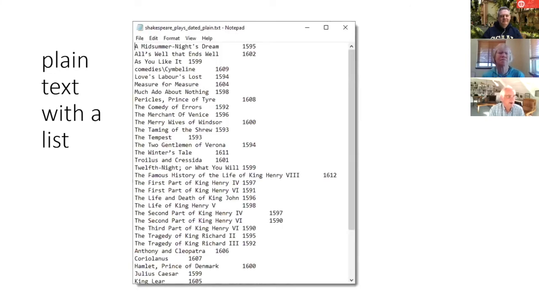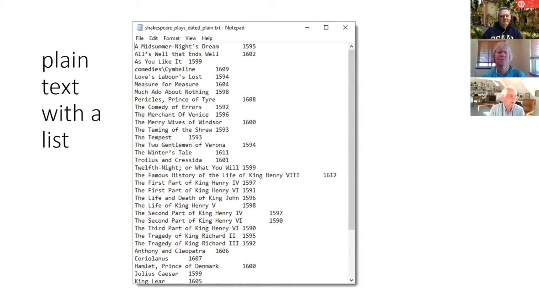One method is with a plain text list of some sort with the actual dates, and then the user has to actually take the trouble of creating the list of, here, Shakespeare plays and typing in the dates and finding out what the dates are for each play.